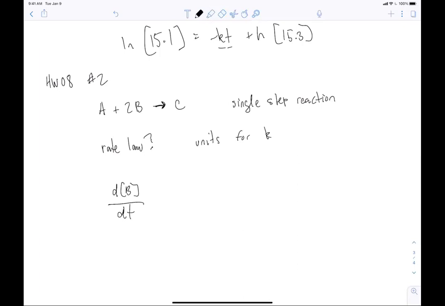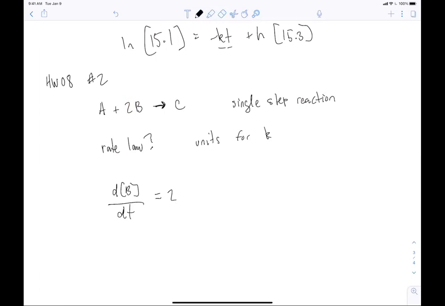I'm assuming your confusion is about where this 2 is coming from. The coefficient out front will be included on the side of the rate.